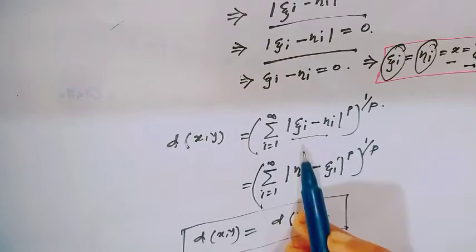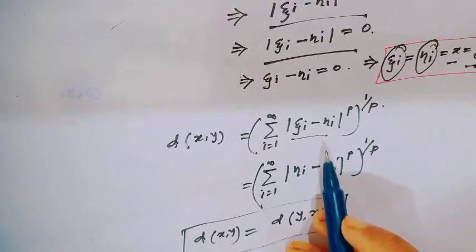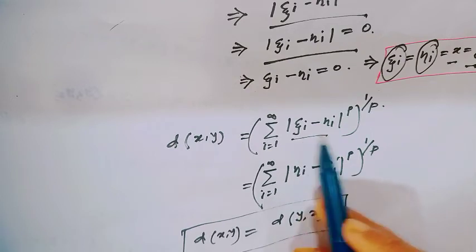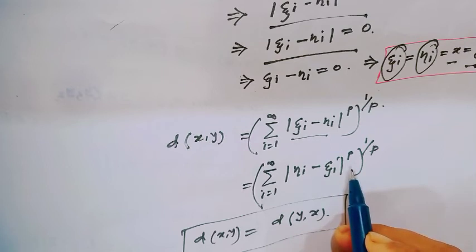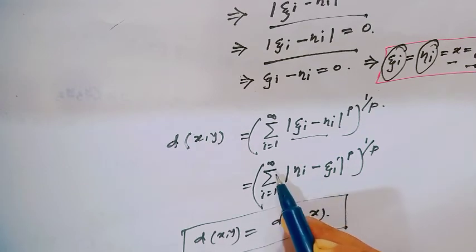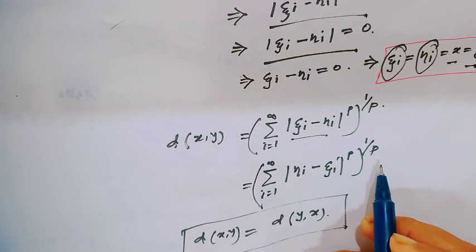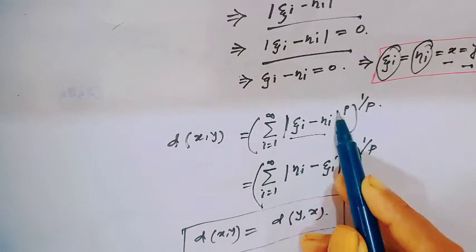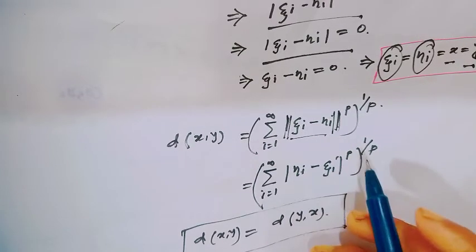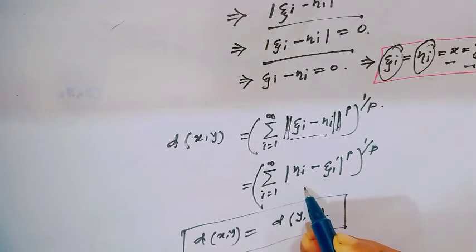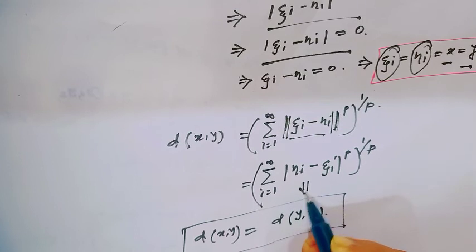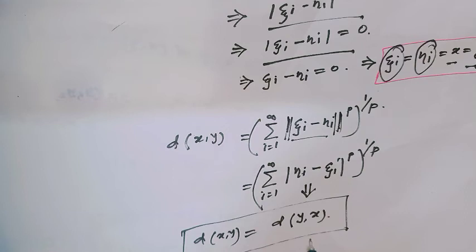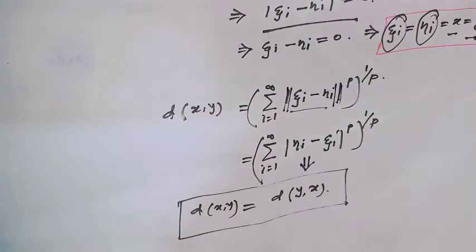Are you getting it? For the symmetry condition, if we multiply by minus, this would be the summation from i equals 1 to infinity of |eta_i minus xi_i|^p, all to the power 1 over p, and this is always the same because of the absolute value. This is obviously d(y, x), so d(x, y) is always equal to d(y, x).